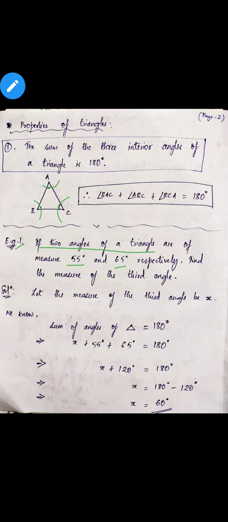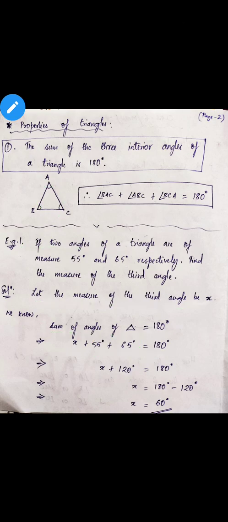But we know that sum of angles of a triangle is always 180 degree. So since we don't know the value of the third angle, we will write let the measure of the third angle be x, and then we know sum of angles of triangle is 180 degree. So we will write x plus 55 plus 65 equal to 180 degree. So when we add these two together, we will get 120 degree.